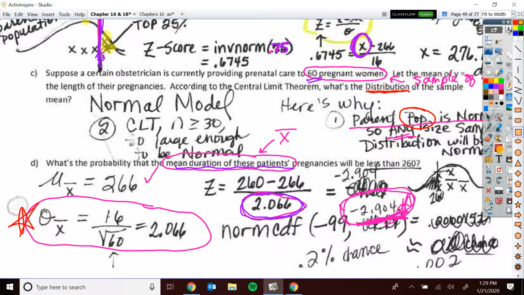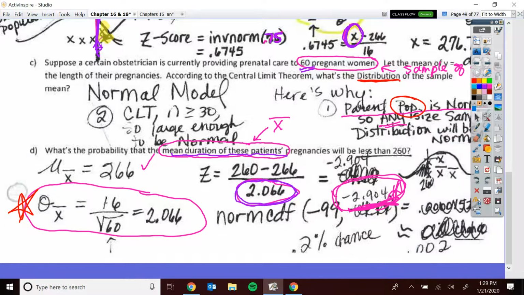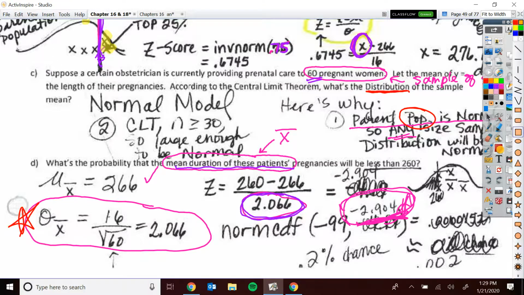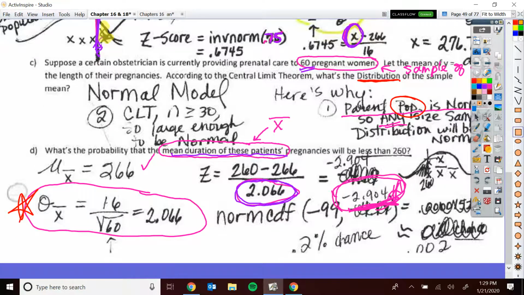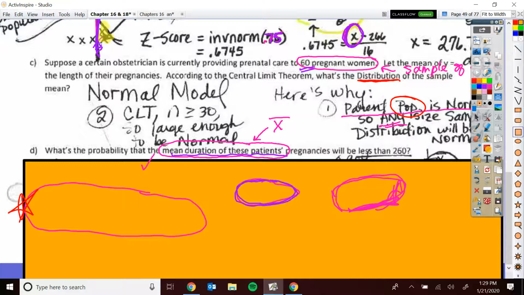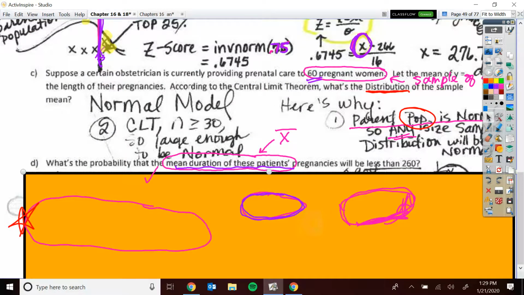Let's see here. Let me get this going here. Okay, so let's take a look at what we got going on here. Okay, so the center is still going to be centered.